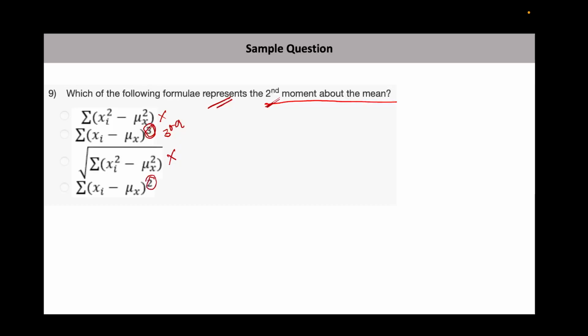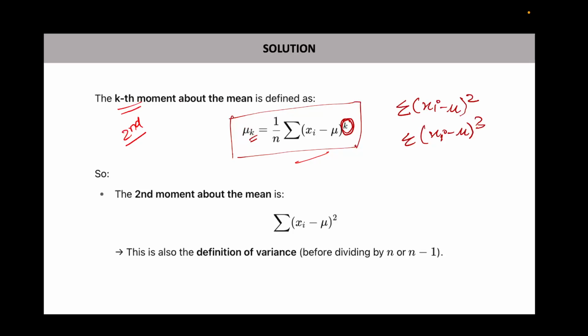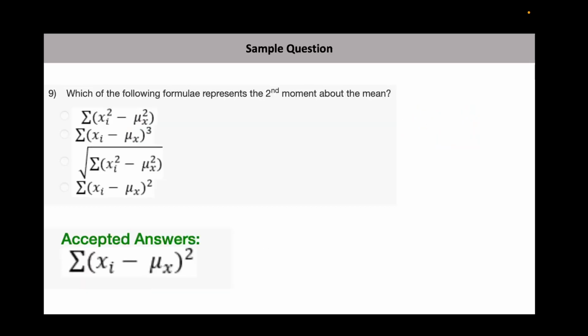And here is the k value 2, because this formula represents that we are talking about the second moment, because here k represents the moment which is given as 2 here. So based on this, the correct answer to this question will be your fourth option, which is xi minus mu x to the power 2, because that represents your second moment.